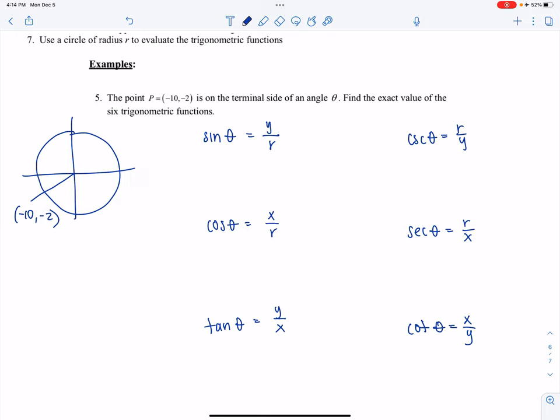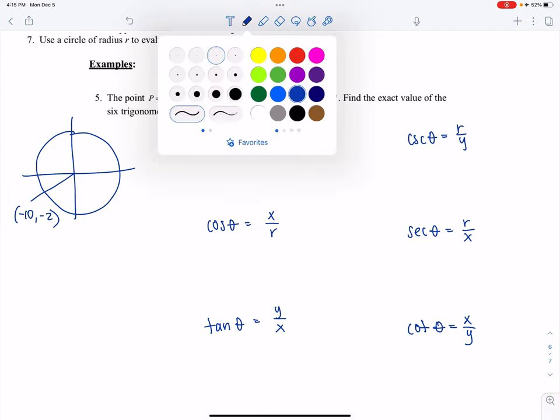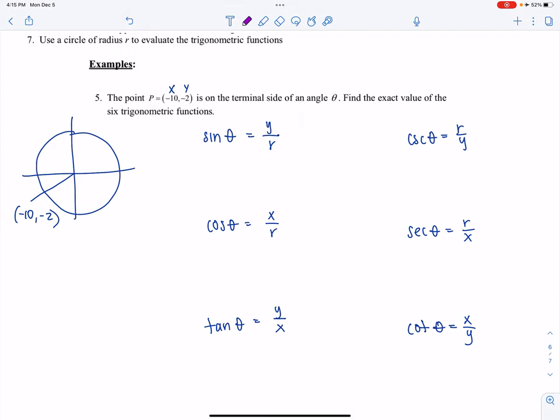The first thing, because we have x and we have y, what we don't have is our r. We don't have our radius. So that is what we need. In order to find our radius, we are looking at what is this distance, right? And if we remember about triangles, we can find a squared plus b squared equals c squared.